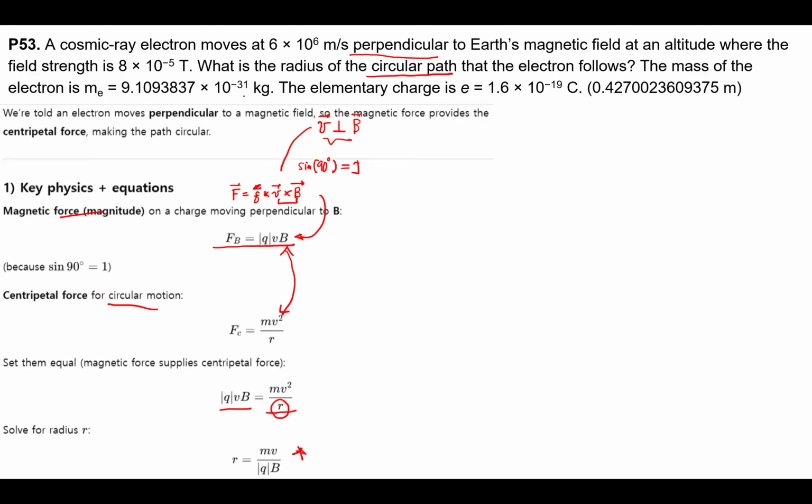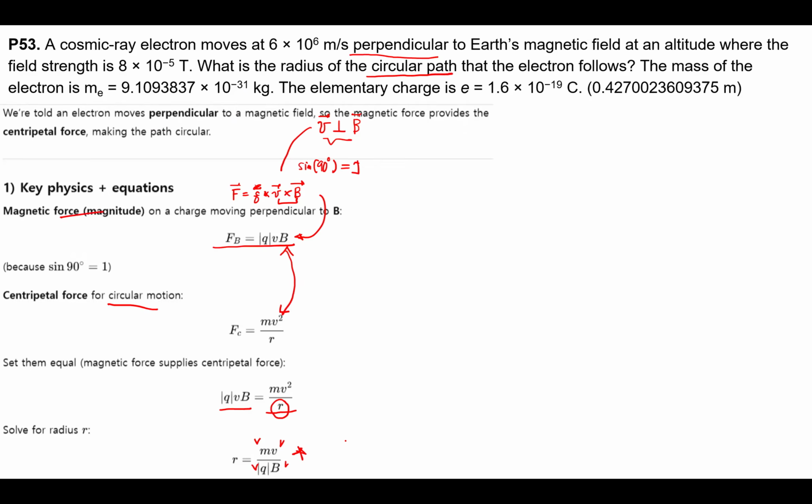So here the mass is known, the charge is known, the velocity is known, and the magnetic field is known. Then you can find r from this formula.